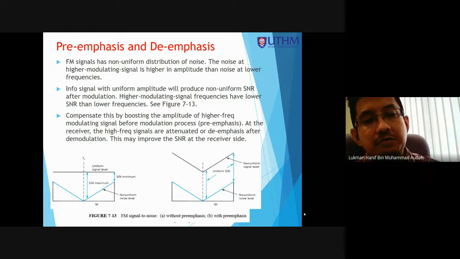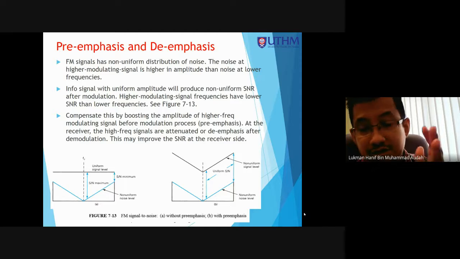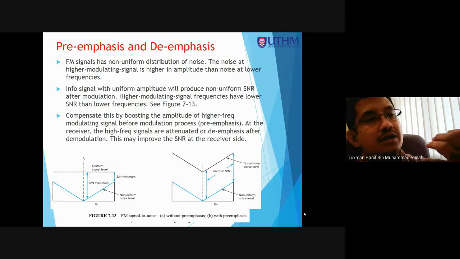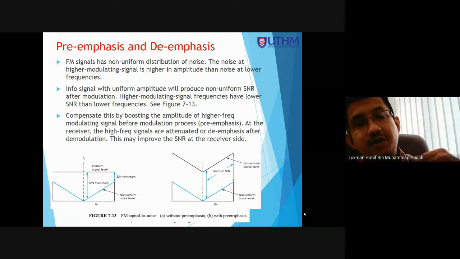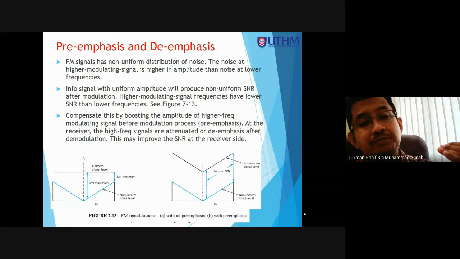Okay, so pre-emphasis is done at the transmitter side, before the process of modulation, and de-emphasis is the process that happens at the receiver after the demodulation process. For pre-emphasis, we increase the input signal level at a certain rate. Pada kadar yang tertentu.